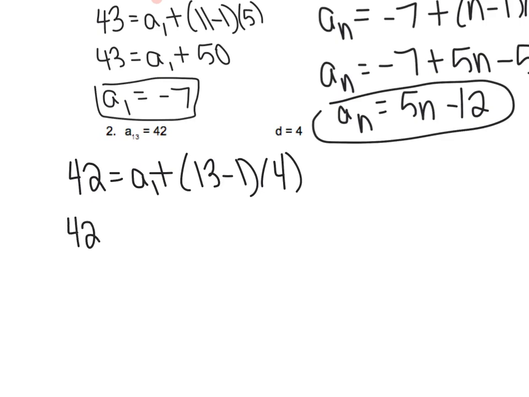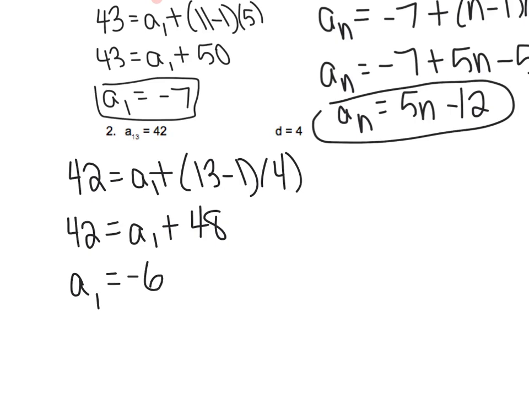So I have 42 equals a sub 1 plus 13 minus 1 is 12. 12 times 4 is 48. If I subtract 48 from both sides, I get my first term is negative 6.